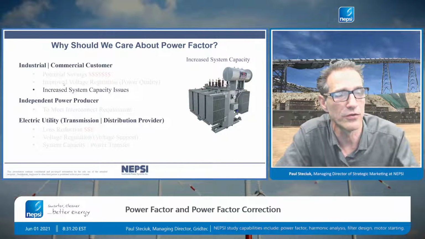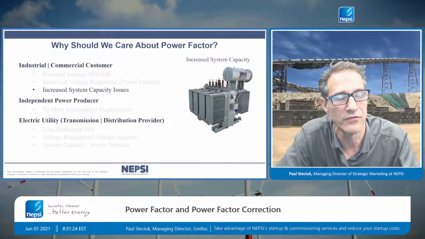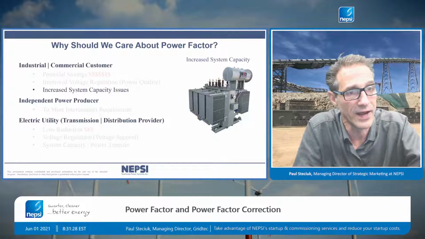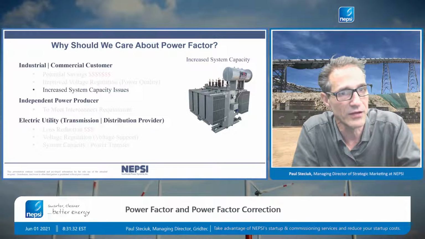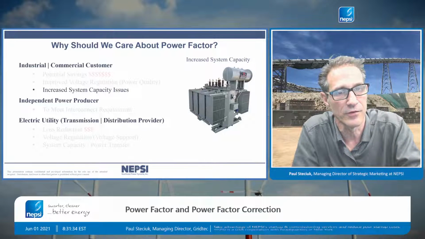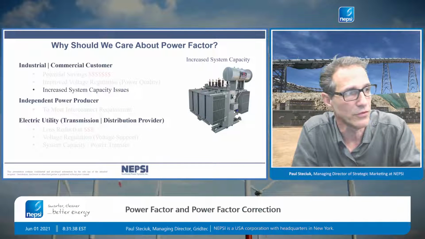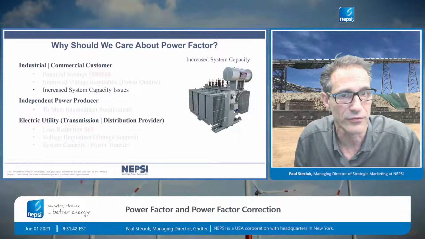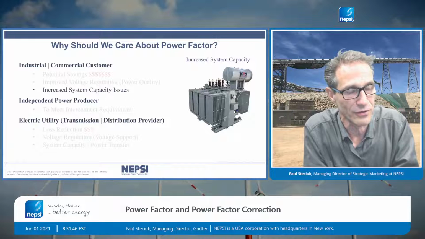If you're pushing current through the power system and it's not producing real work, then you have an inefficiency in your system. I'm putting a power line in. The power line has an ampacity rating. The transformer has a kVA rating. If some of the power being pushed through the line is reactive power, I'm utilizing capacity to push reactive power through the infrastructure to get to the load.